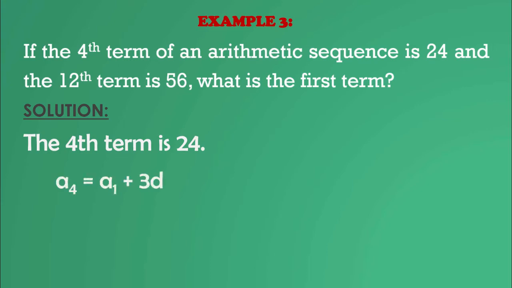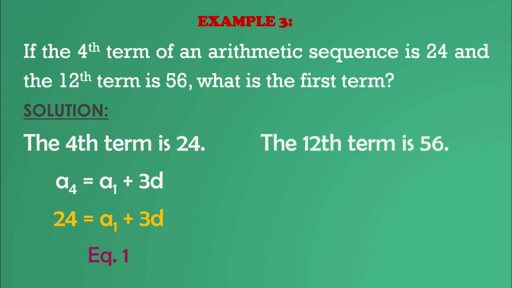So therefore, we can use the formula a sub 4 equals a sub 1 plus 3d. Since a sub 4 is given, replace a sub 4 by 24. So we have 24 equals a sub 1 plus 3d. And let this be our equation number 1.